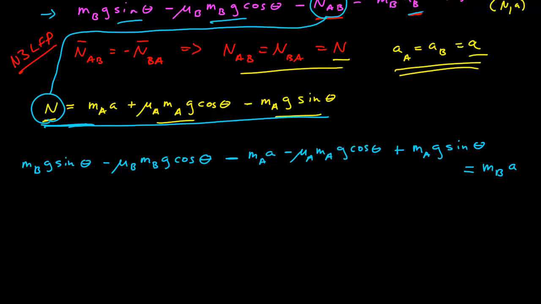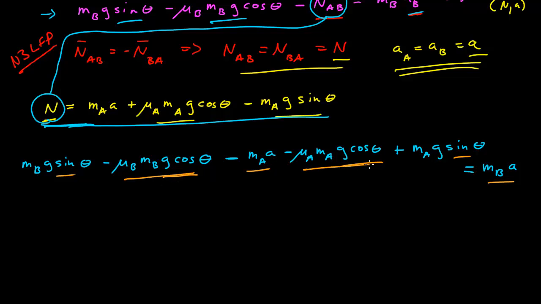So what do I do with this thing? What I'm going to do here is combine some terms and simplify my equation so it doesn't look like a mess. I have two terms here that have g cos theta in them, I have terms that have sine theta in them, and I have my two acceleration terms I want to combine as well. I probably didn't have to use the same color for all that.